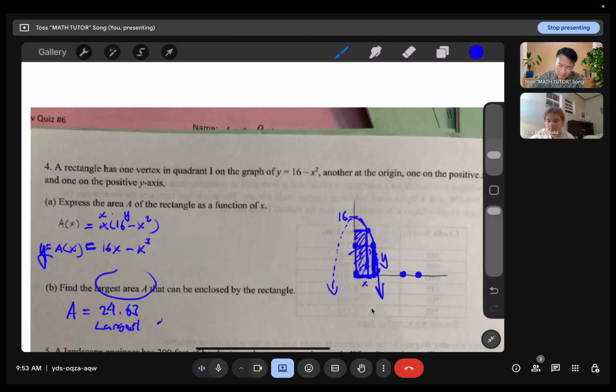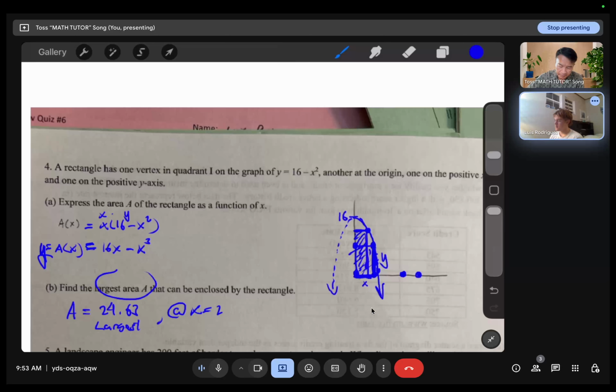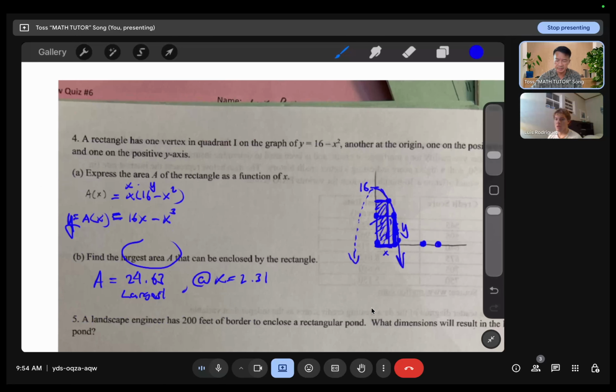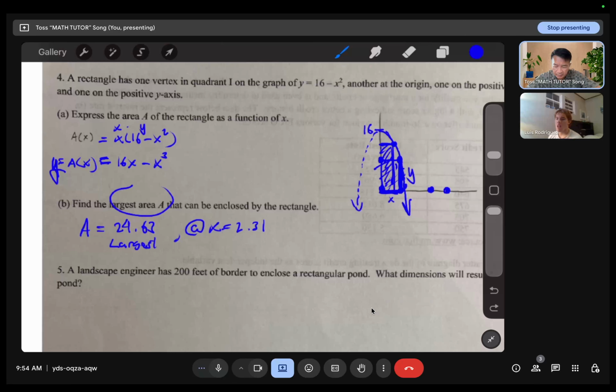And then you can also add an extra detail, at x equals whatever that was, 2.3 or 2.31. I rounded it to two decimal places. There you go. This is the largest area. Done. If you want the unit, you can write unit squared. There's no centimeters, there's nothing, I believe. You can write unit squared, and your teacher will be fine with that.